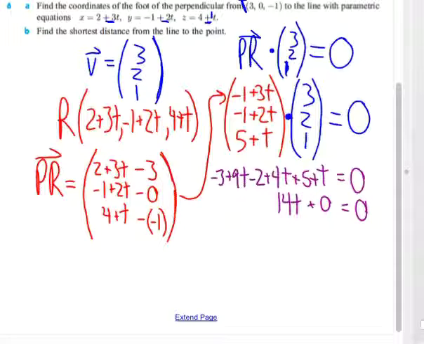Okay. So what do we get for our time? 0. 0. Okay. 14t equals 0, so t has to equal 0.